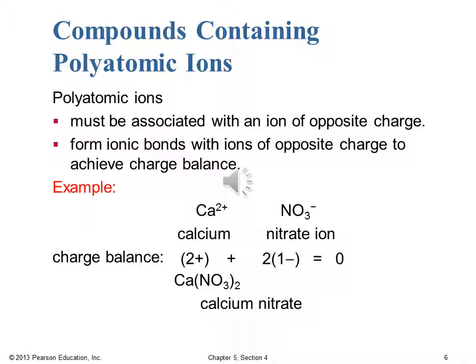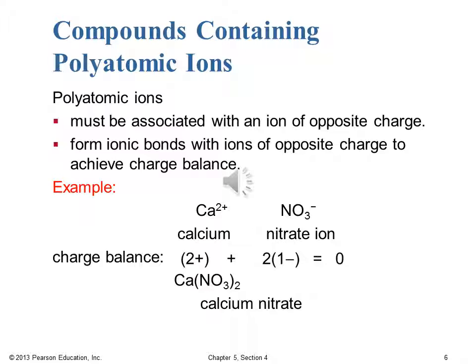So if we have a 2 plus from the calcium, we'll need 2 of those -1 charges to get a neutral species overall, and therefore we'd have calcium nitrate. Notice the naming, writing the English words, calcium space nitrate, that should be no problem, but when we have more than one polyatomic, in addition to the subscript after it, we keep it in parentheses to make it very clear that that nitrate is a unit. So we have 2 nitrate ions.